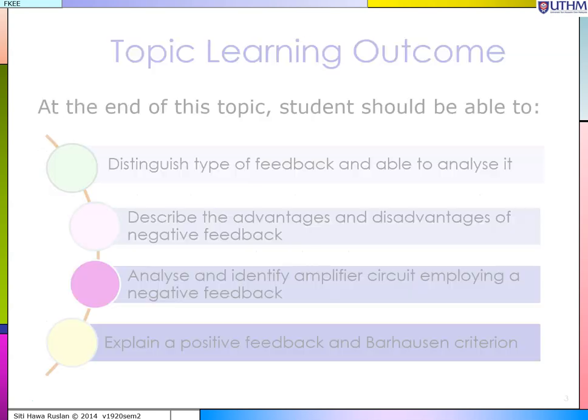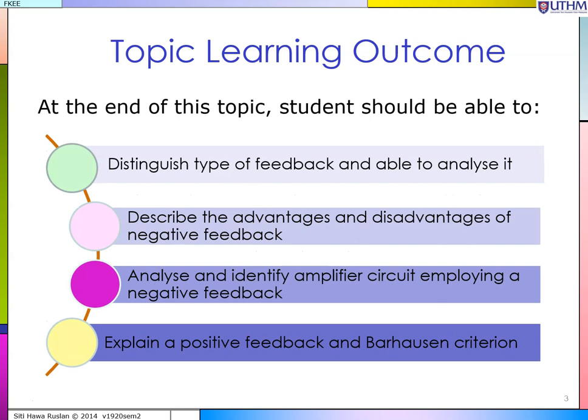Okay, so first for this particular topic, the learning outcomes are: you should be able to distinguish between positive and negative feedback, because we have two types of feedback.